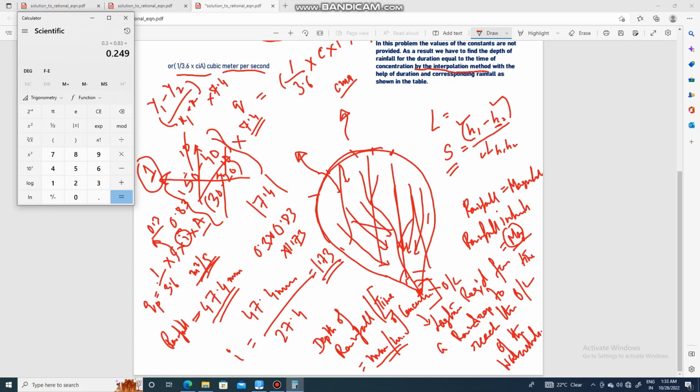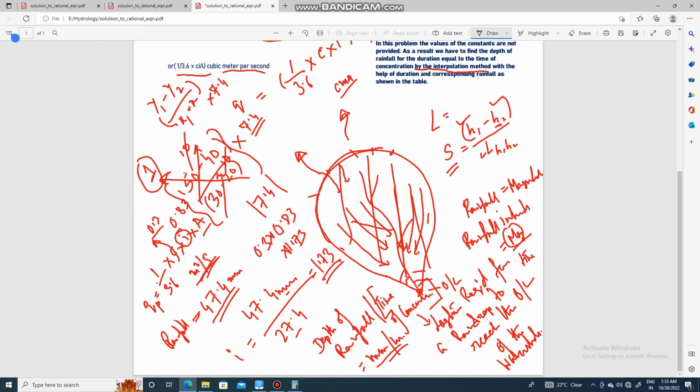However, in this case this one is millimeter per minute, correct? When you are dividing the rainfall by the time of concentration, this is minute, this is millimeter.